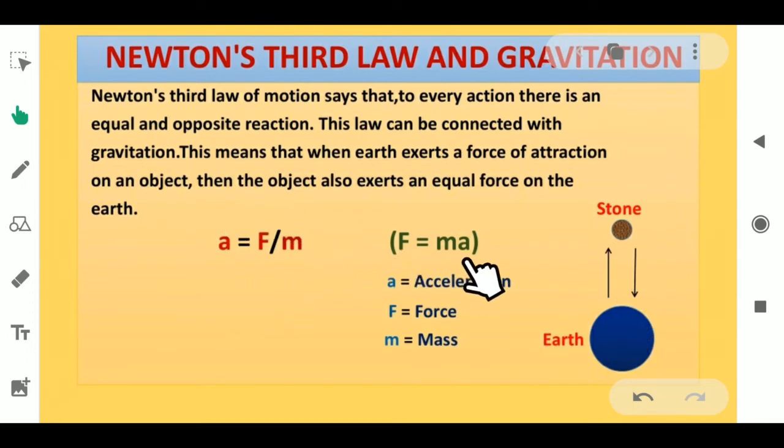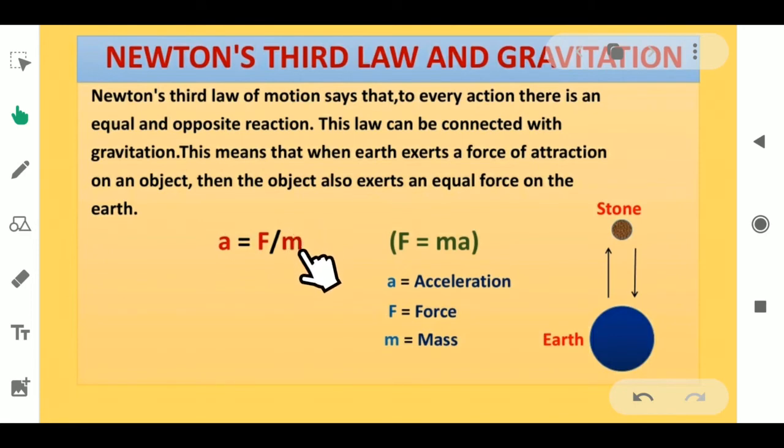F is equal to ma. F means force, m means mass, a is acceleration. So F is equal to ma. Just rearrange this equation as acceleration a is equal to F by m. And you just consider two quantities, acceleration and mass. Here the acceleration is inversely proportional to mass, right?